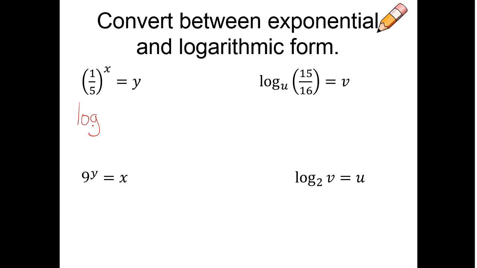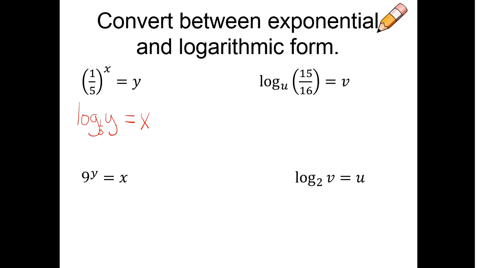Now remember, logarithms are just a special way to say what exponent is required to go from a base of b to a value of a. So the base of my log is the base of my exponent. So that would be 1/5. And with logs, the answer is your exponent. So my exponent is going to be the equals x part, and the value here is y.